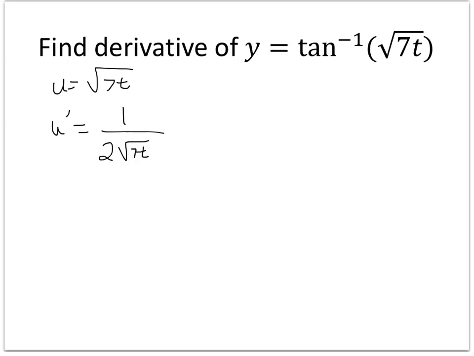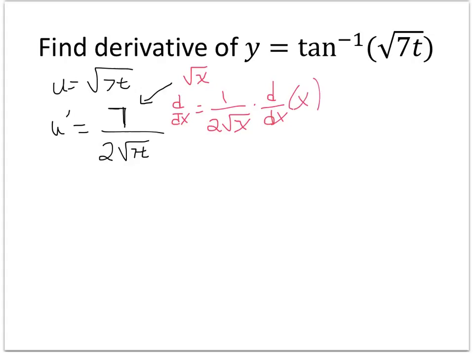So the derivative of the inside, 7t, is just 7. Remember, that's the square root of x. Its derivative equals 1 over 2 square roots of x times the derivative of x, which in this case was just 1. So I got that piece.